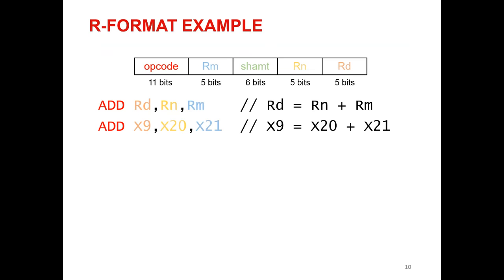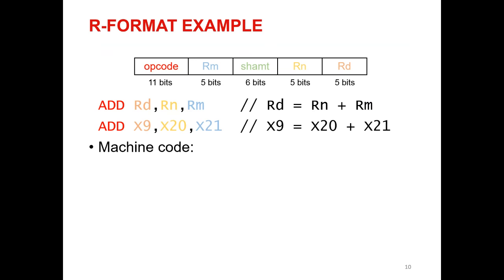So let's see this with a real example. Imagine yesterday we saw this instruction, which just adds the value of register 20 and register 21 and places the result in register 9. Okay, so how do we convert this assembly instruction into machine code, into ones and zeros, into the language that actually my computer understands?